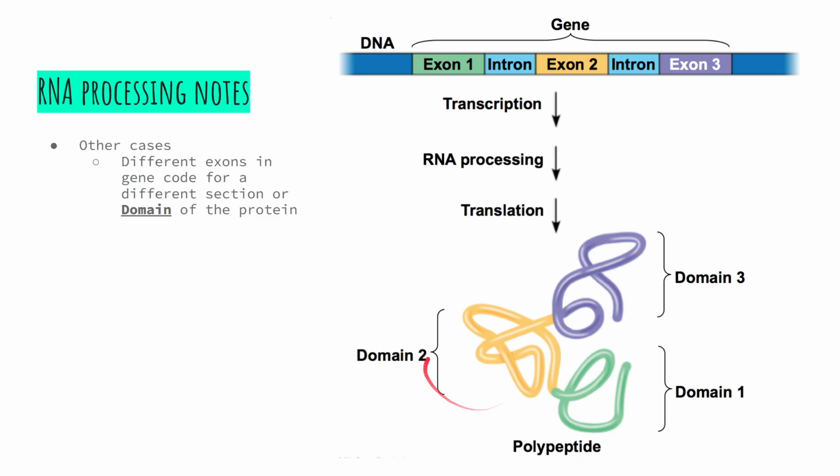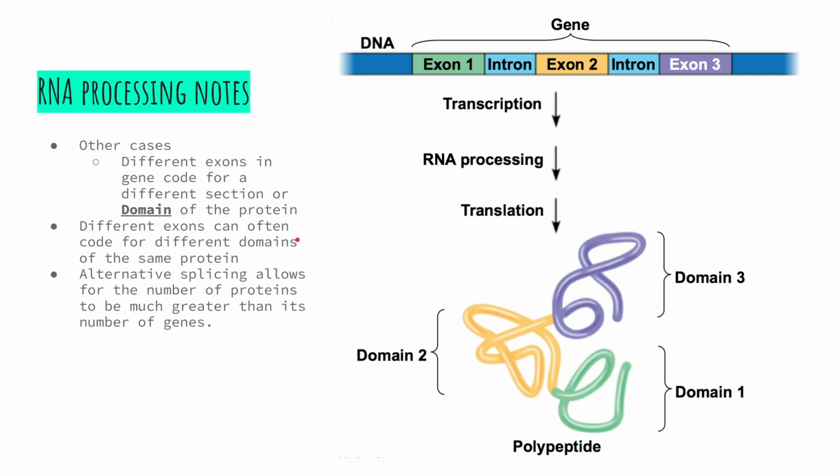So if this is our protein molecule, one big piece, we have different exons that code for different domains. Just think of these as sections of a protein, and often they will code for different components rather than making just one long protein. So different exons can often code for different domains of the same protein.